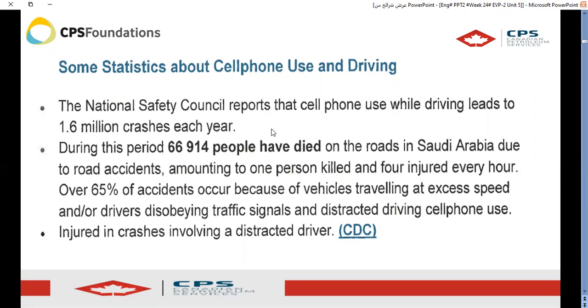Over 65% of accidents occur because of vehicles traveling at excess speed and/or drivers disobeying traffic signals and distracted driving, cell phone use. Injured in crashes involving a distracted driver. So when you use your cell phone, you might get yourself killed or get others killed too.